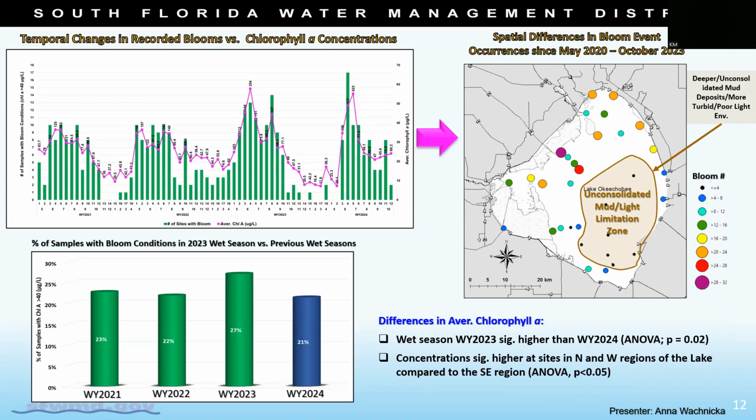And here is a comparison between how many blooms we recorded during each wet season, water years 2021, 2022, 2023, and 2024. So basically we have 4 years of data. You can clearly see that last year was really bloomy. We had more blooms detected on the lake, but guess what? You will see in a second that those blooms weren't really toxic.